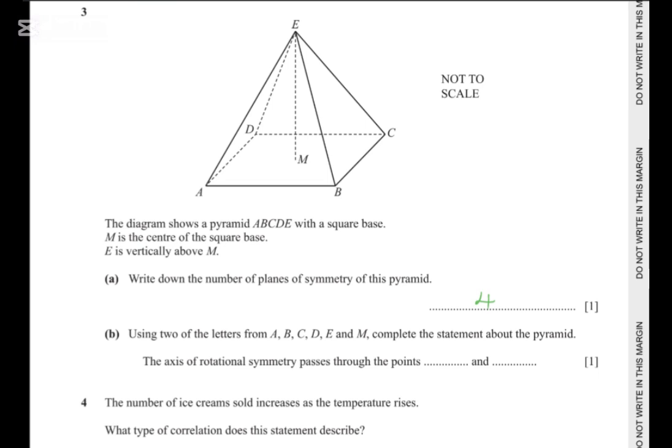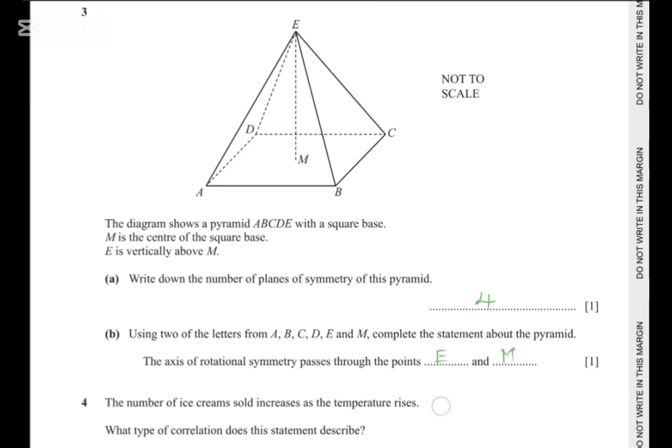That is called the axis of rotational symmetry. And in this shape, the axis of rotational symmetry is this. If you rotate along this axis, you can see it exactly the same. So that will be passing through the points E and M. This is the answer.